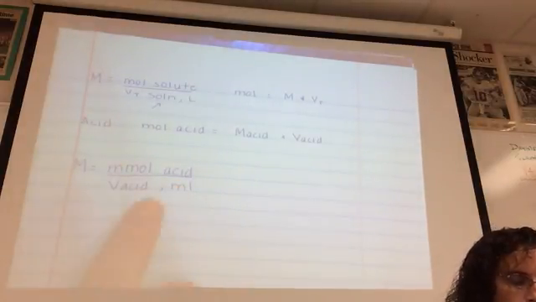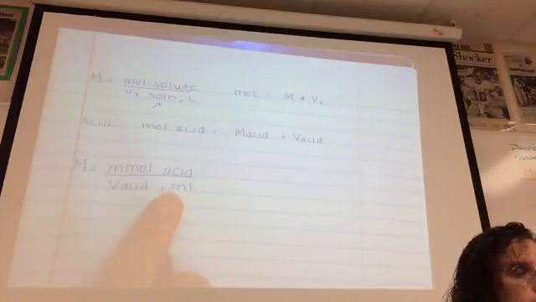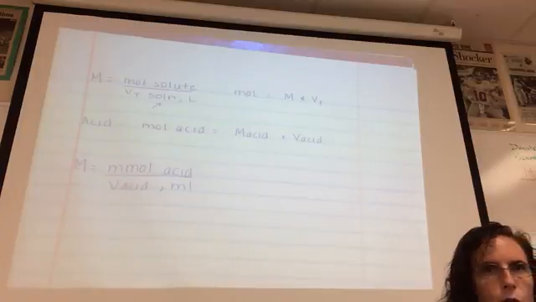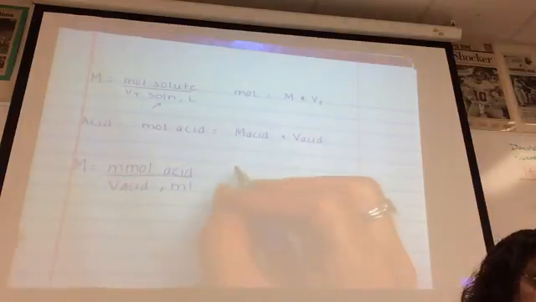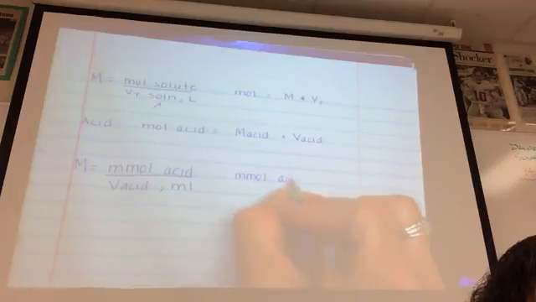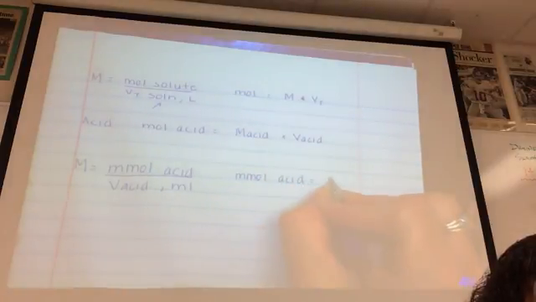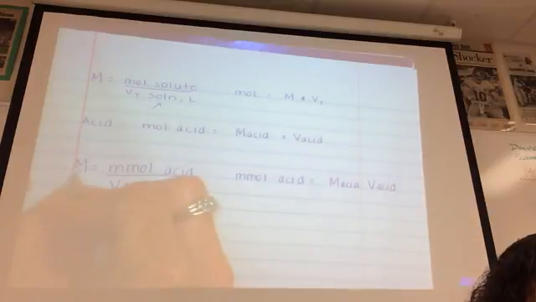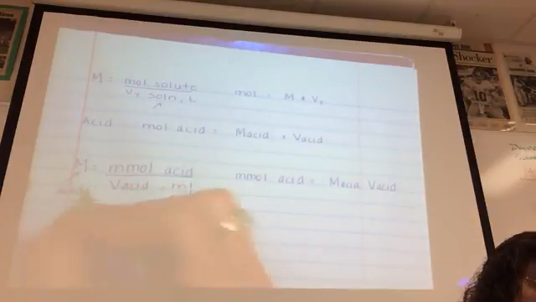But when you're given a volume in mLs, it's much easier to use millimoles because you don't have to start sliding decimals. So millimoles of acid will be equal to the molarity of the acid times the volume of the acid. So this would be for the acid.